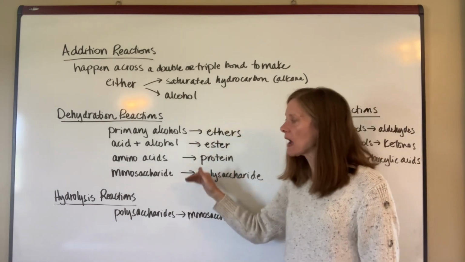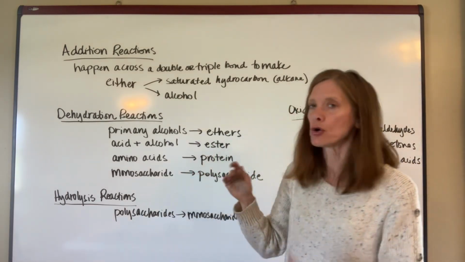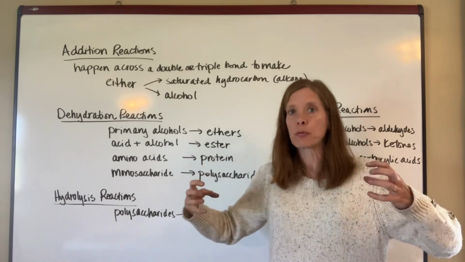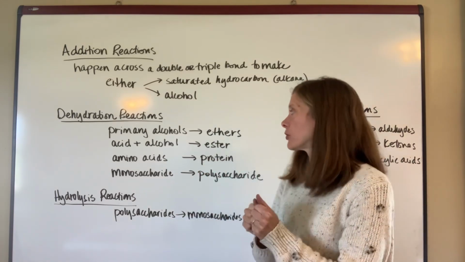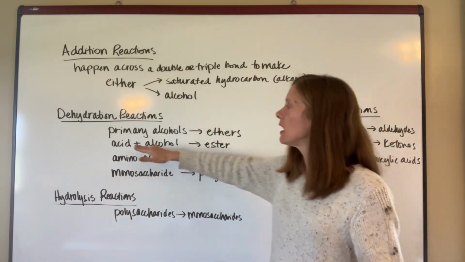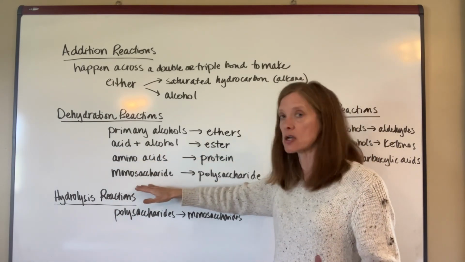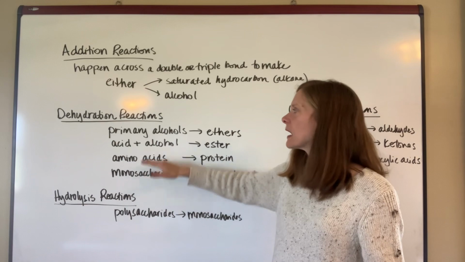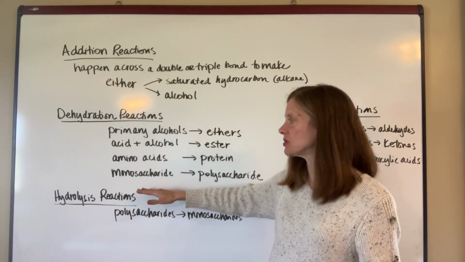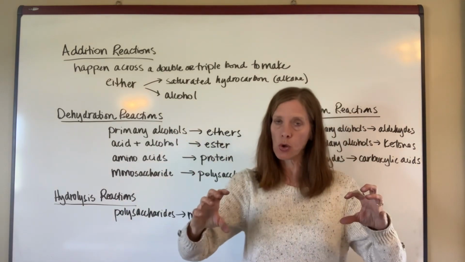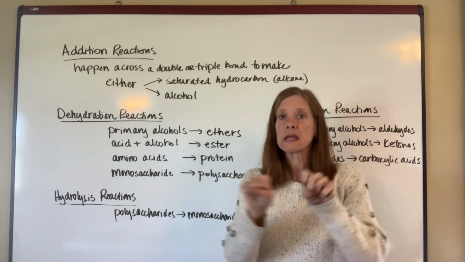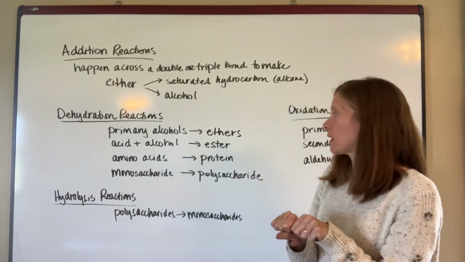So whenever you have a dehydration reaction, you're pulling a water out, but you're enabling other things to link together. The alcohols are linking, the acid and the alcohol are linking, the amino acids are linking, the monosaccharides are linking together. So in all of these dehydration reactions, you're taking smaller molecules, pulling out water, and linking them together to make a bigger molecule.